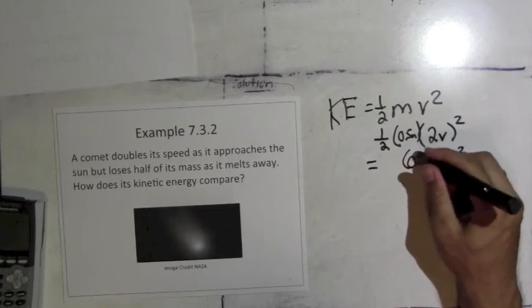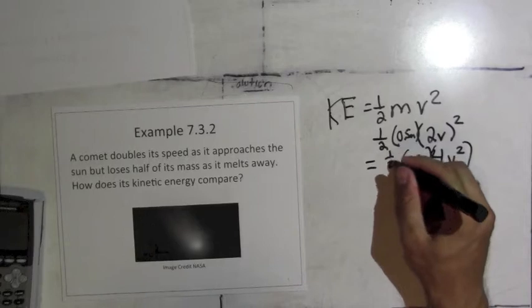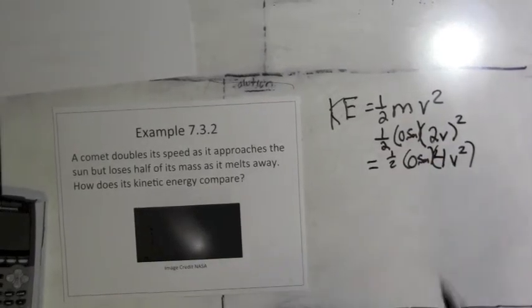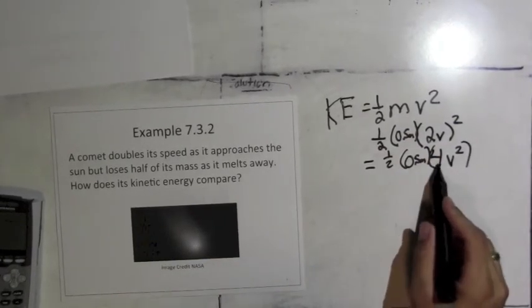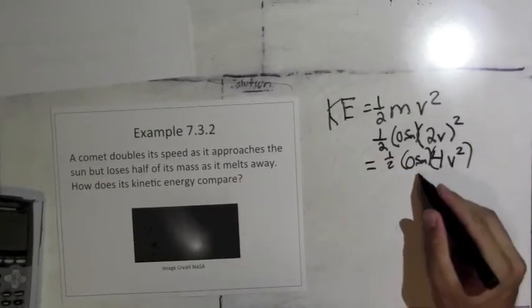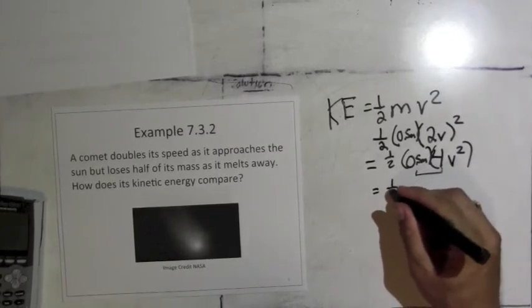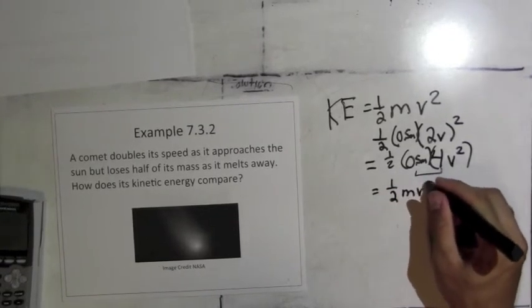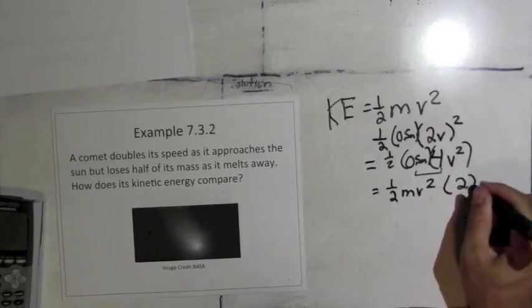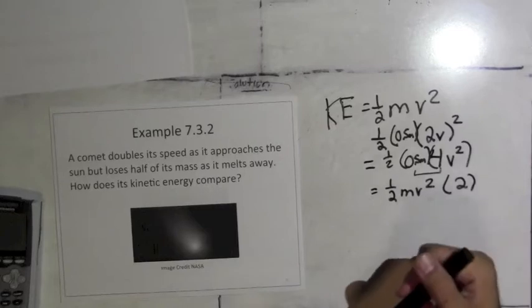Here I would still have 0.5 m. I still need this half term to make the equation work. So 0.5 times 4 gives me a value of 2. And so what I have is 1/2 mv squared, but I have this extra factor of 2. That's because the kinetic energy is actually twice as much.